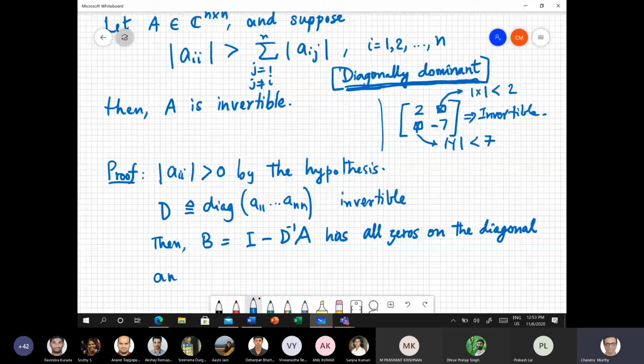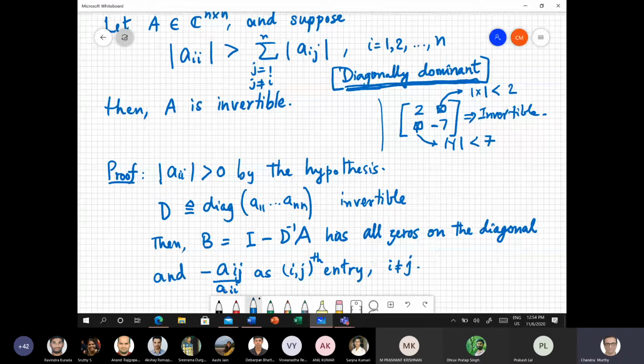And for the off-diagonal entries, it will have minus Aij over Aii as the ij entry, i not equal to j.